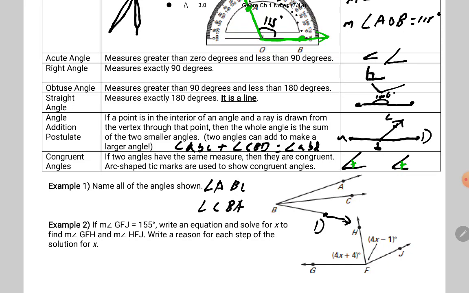Angle ABC and CBA are the same thing, that's just another name for it. And then we look at the lower angle. The lower angle is CBD and DBC. And then the big angle is ABD and DBA. And that is all the angles we have in that picture there.